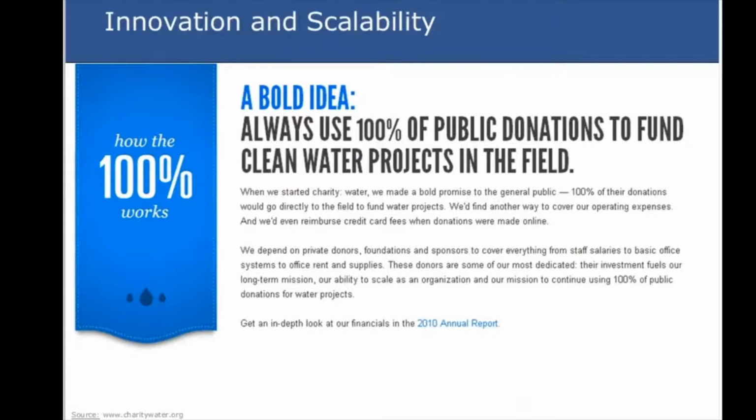And they've just very powerfully stepped forward and said, okay, we can't seem to convince you to understand the workings of a not-for-profit organization, and that something has to be spent on administration in order to actually create the programs that everybody wants to support.